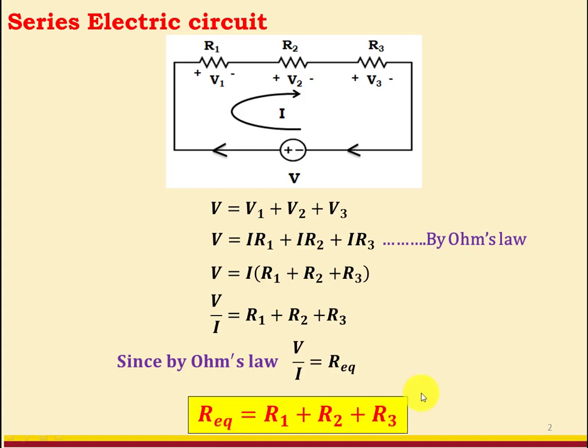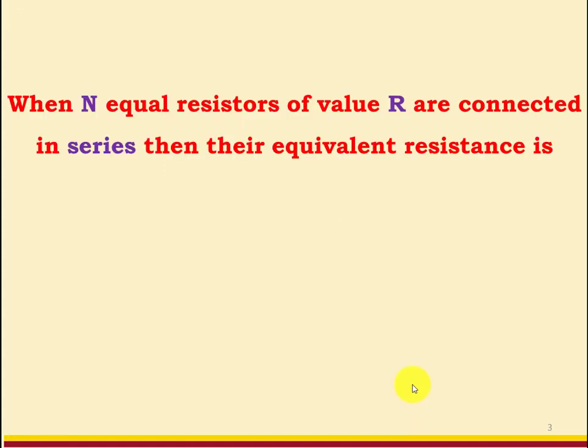Now this is one property of a series electric circuit. We have also seen the other properties of series electric circuits in previous videos. Now let us say if there are n equal resistors of value capital R connected in series, then their equivalent resistance is R plus R plus R, and so on up to n times.